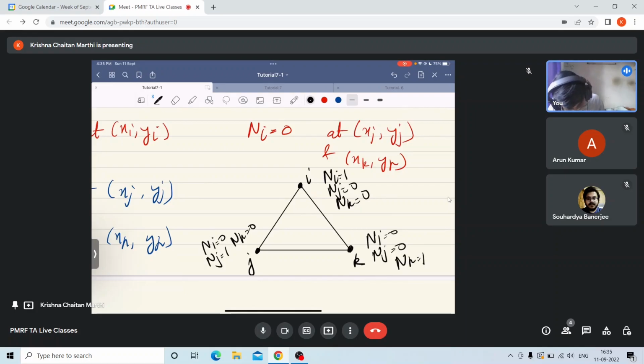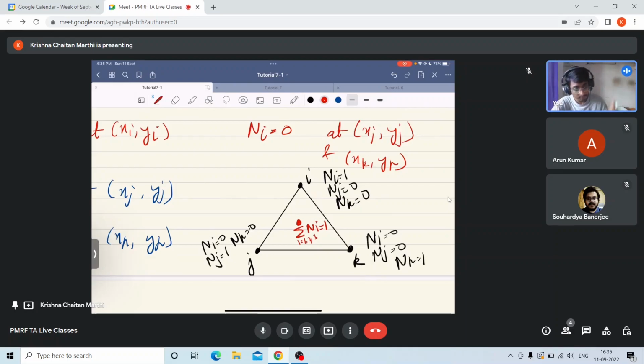At any other point inside this element, Ni plus Nj plus Nk equals 1, and Ni, Nj, Nk are not 0 here.